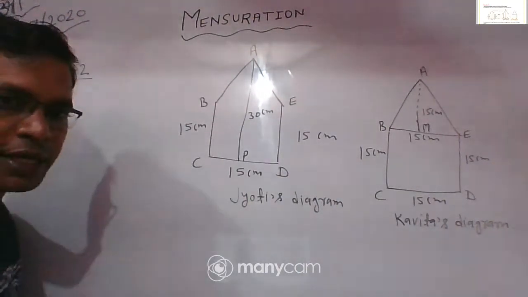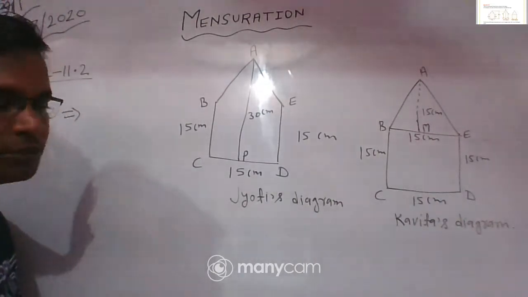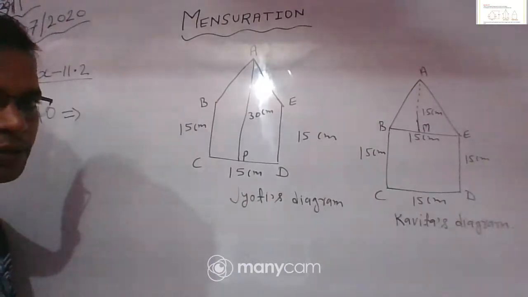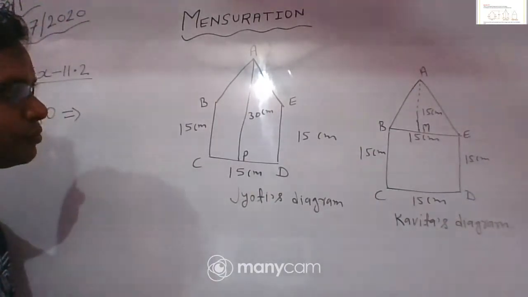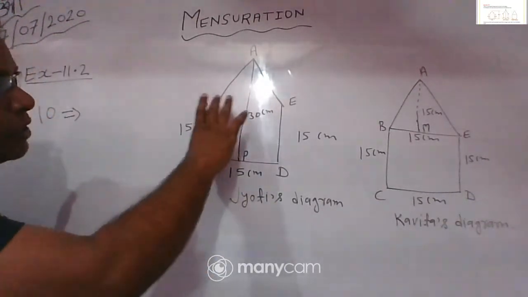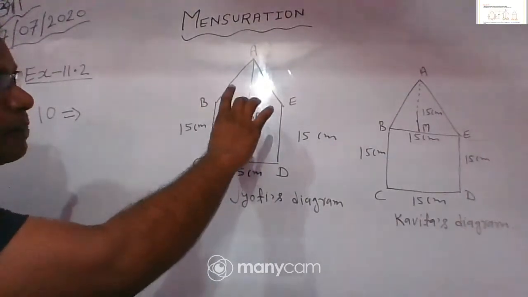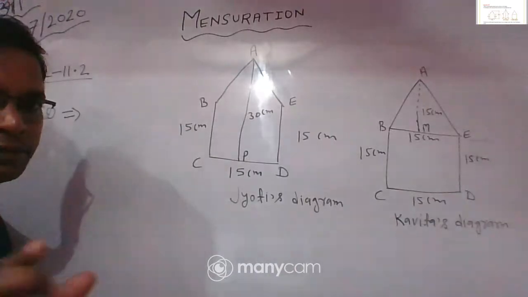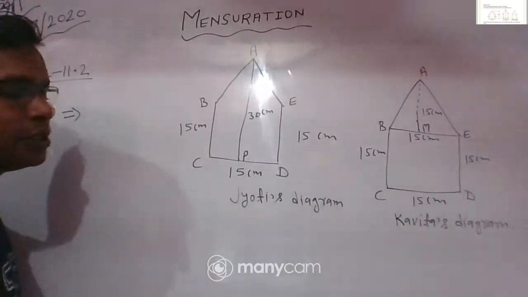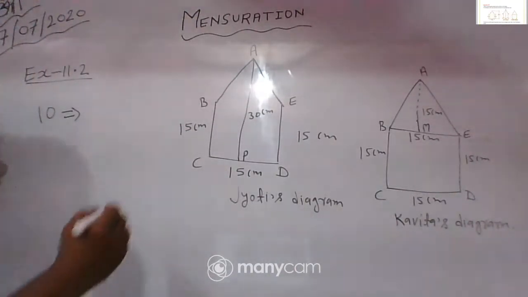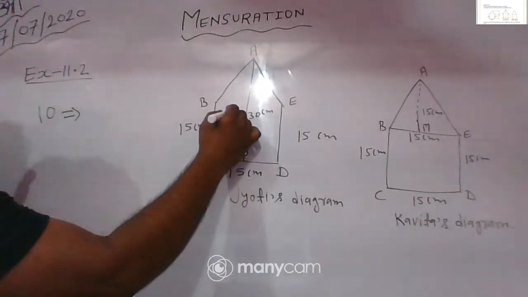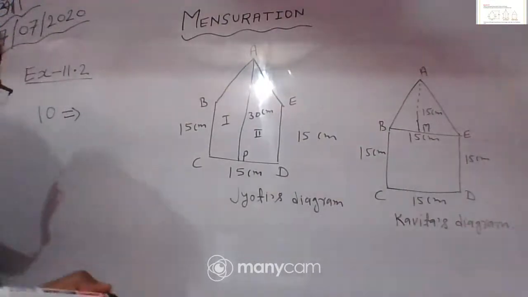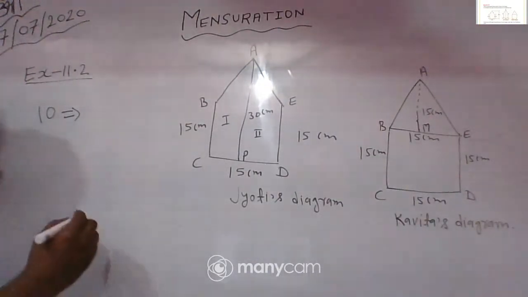So first you find the area of Jyoti's diagram by the help of the trapezium formula. But here the parallel sides are given as 15 and 30, and we don't know the distance between them. So let's see how to solve it. This is the first part and this is the second part. So we find the area of the first part and the area of the second part.